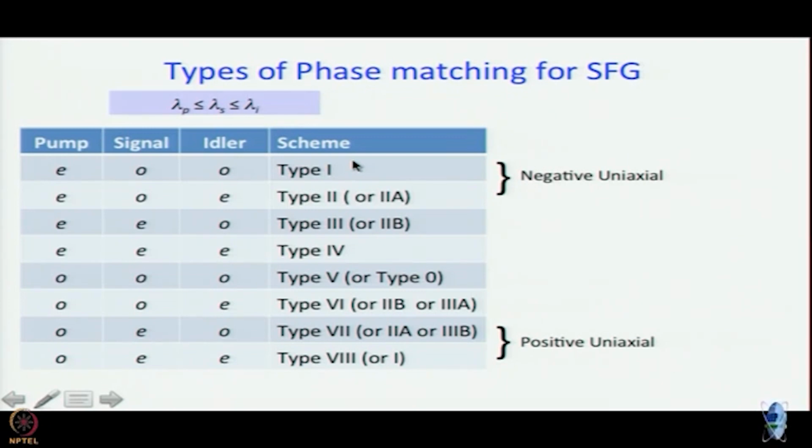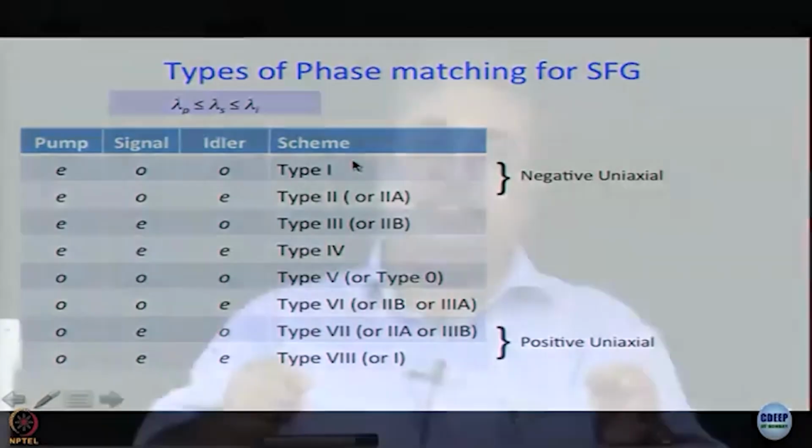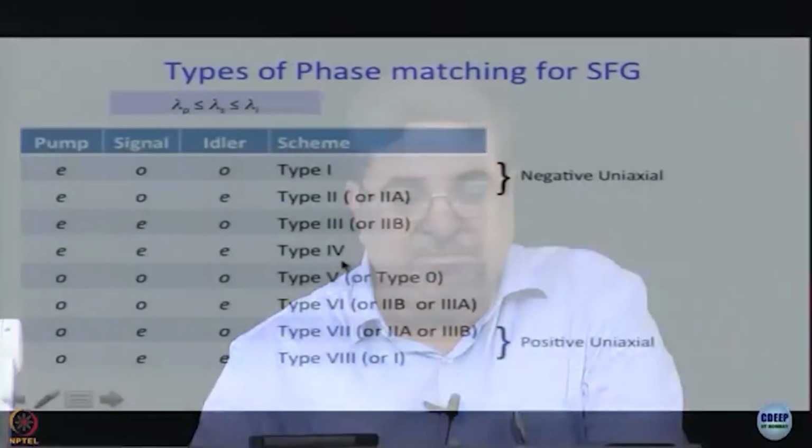But in the discussion that we have had so far, will you agree with me, second harmonic generation, unless you separate the beams and rotate the polarization of one for some reason, the light that goes in has the same polarization, right? You are mixing light with itself, the input light with itself. So, that is why if it is O, then OOE is what you will get, if it is E, then EEO is what you will get. But there is another kind of polarization, type 4 and type 5.